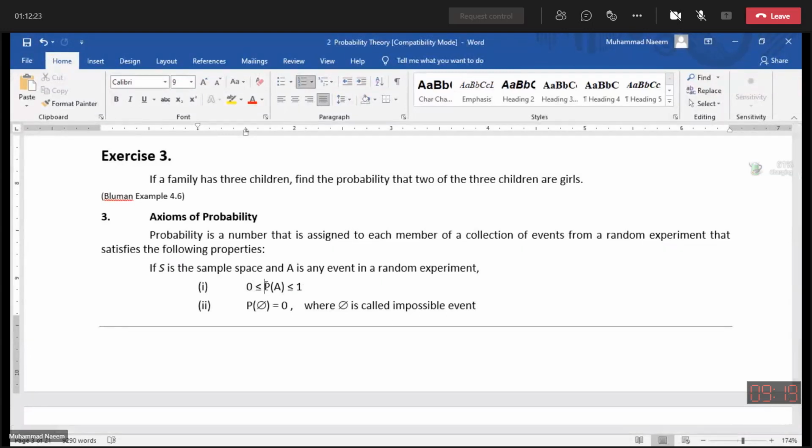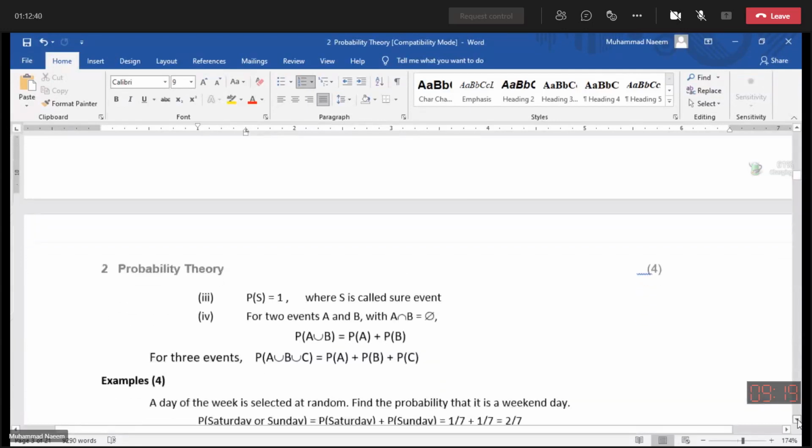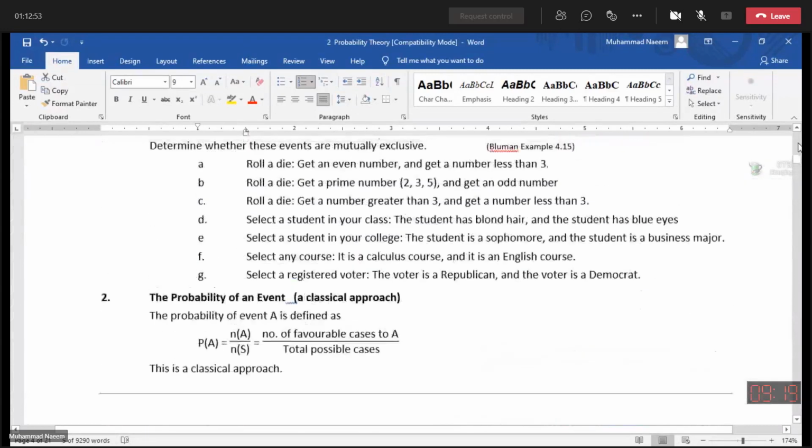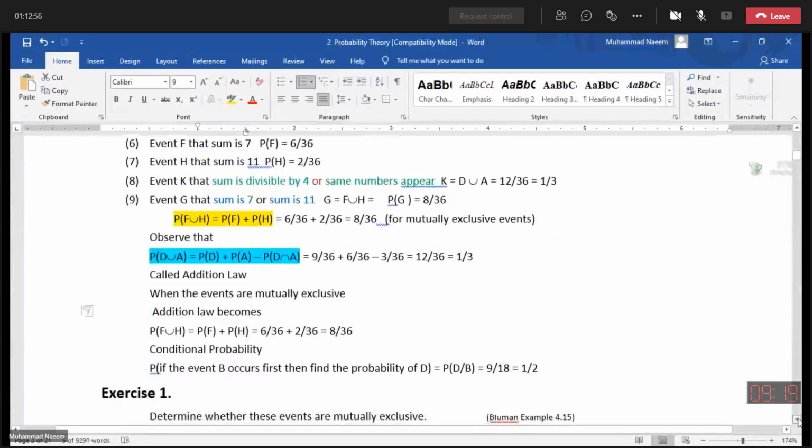It may be 0 when the event is empty. It is 1 when the event is the whole sample space. And total probability is always equal to 1.